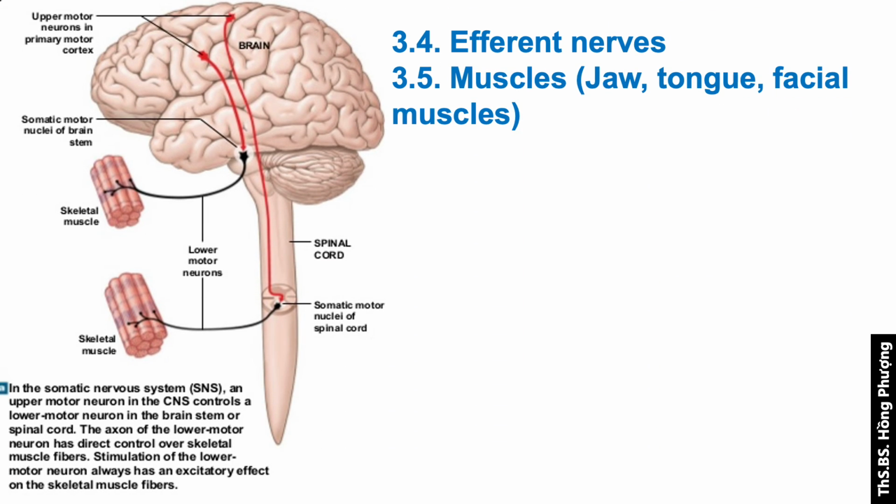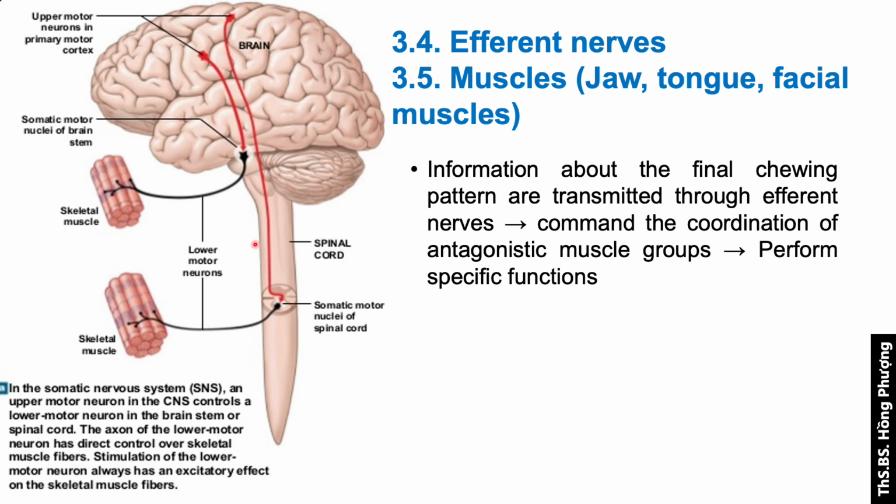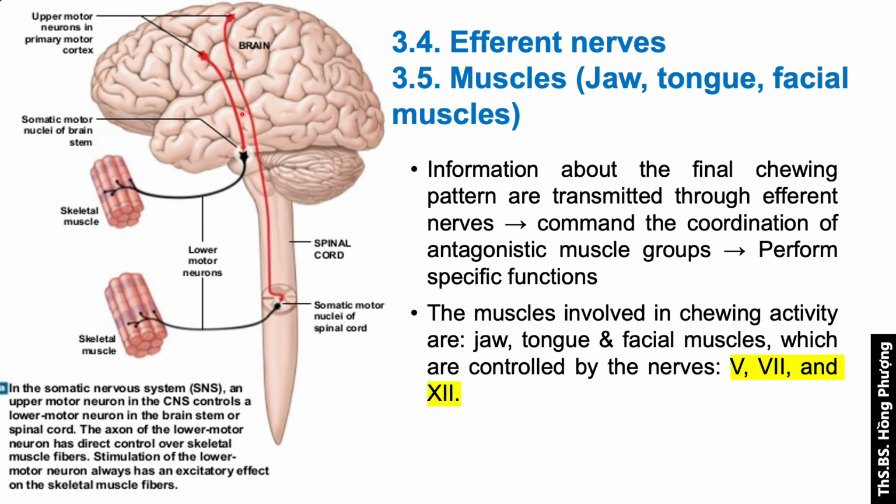The information about the chewing pattern is transmitted through efferent nerves to command the coordination of antagonistic muscle groups to perform a specific function. The muscles involved in chewing activity are jaw, tongue, and facial muscles, which are controlled by nerves 5, 7, and 12 in the brainstem.